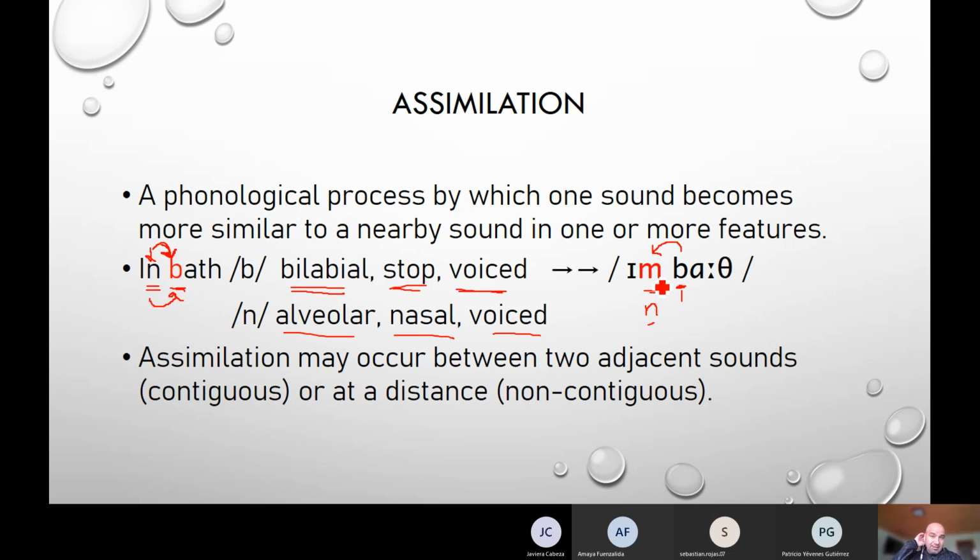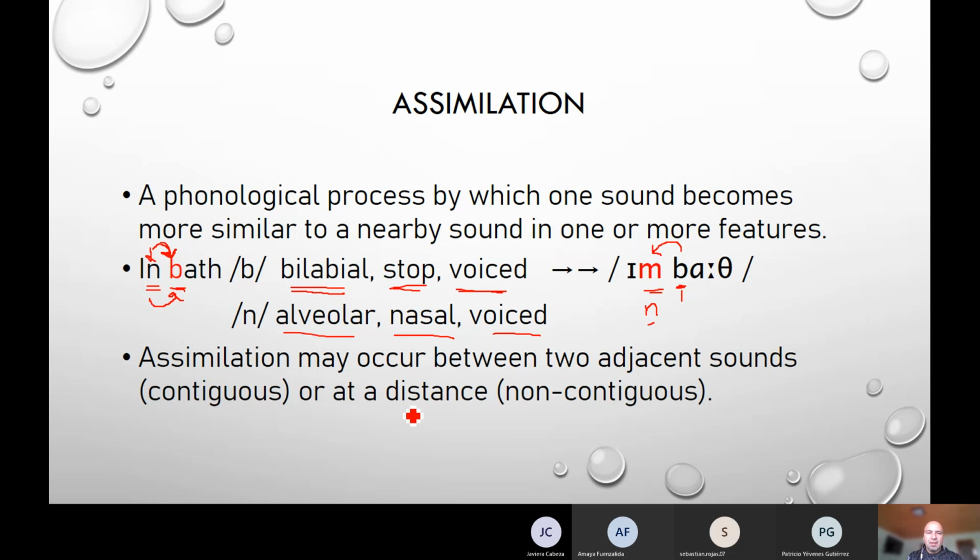Okay, so that's the idea of assimilation. When there are two sounds and there is a process called assimilation, one characteristic or all characteristics are assimilated, shared by another sound.